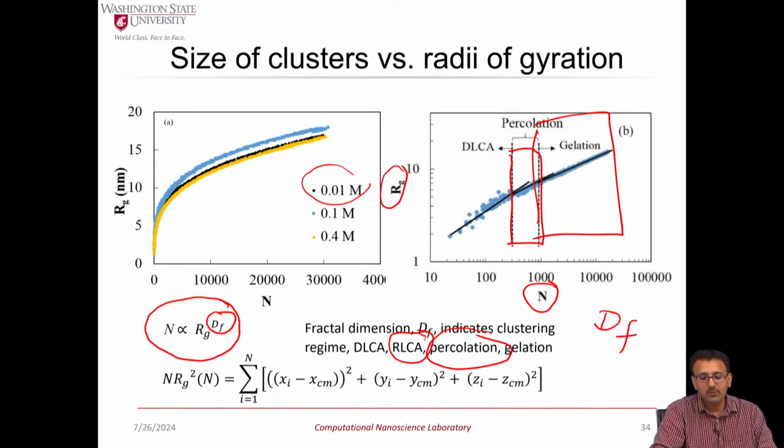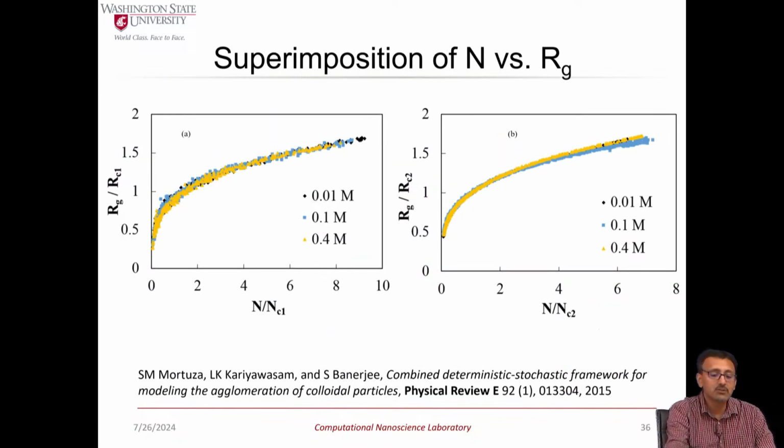We normalized with respect to a typical RG and N value at the end of that particular DLCA regime. Let's say this is RG prime and this is N prime, and we plotted it. So this is a normalized plot.